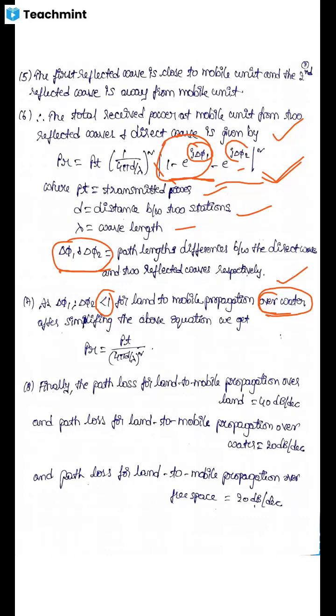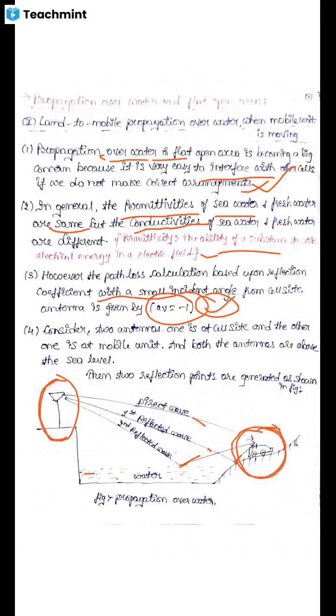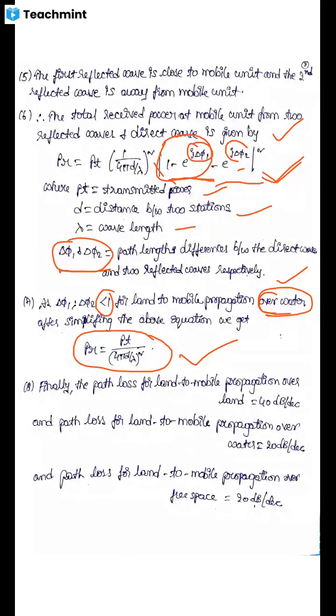If I take them as less than 1, then the final expression I get is PR equal to PT into (1 by 4 pi d by lambda) whole square. This is the final expression for land to mobile propagation over water when the mobile unit is moving.